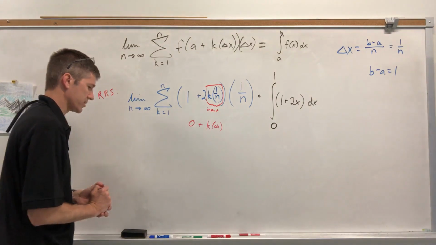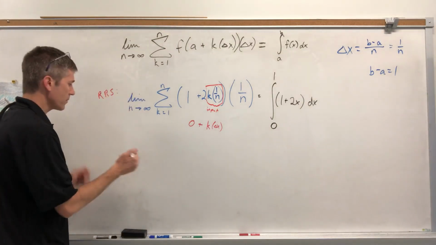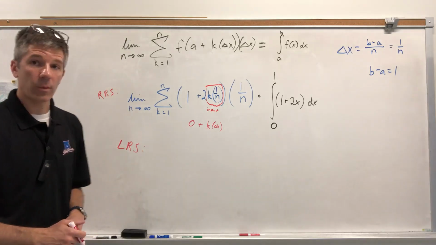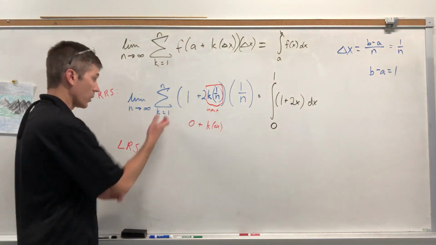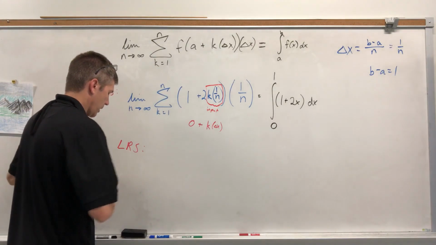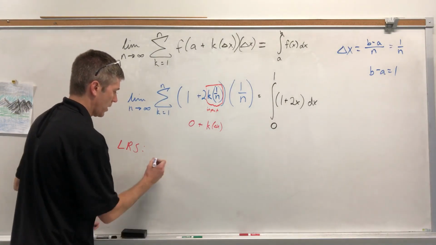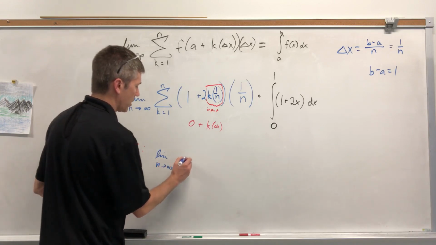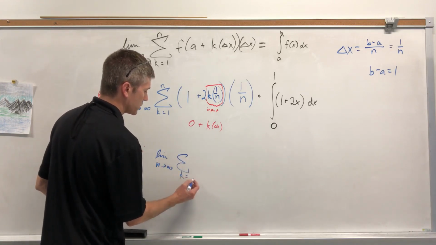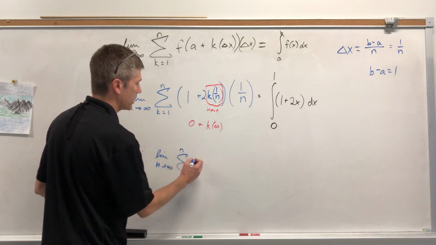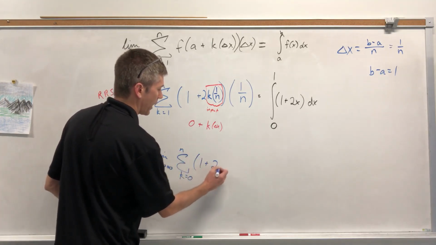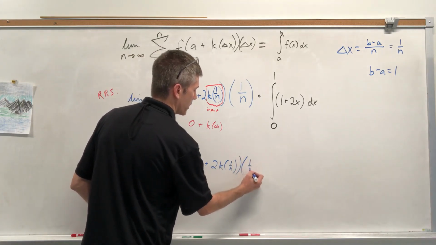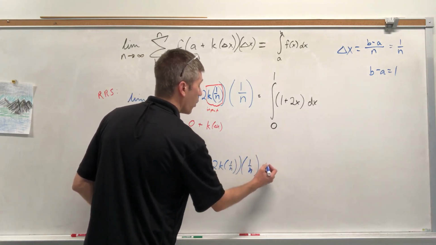Let's do a left Riemann sum on this one. We can do the same format we did a minute ago. Let's switch colors again. We can do the limit as n approaches infinity of the sum from k equals 0 to n of all the same stuff that we had, 2k and then 1 over n, and then 1 over n, there we go.